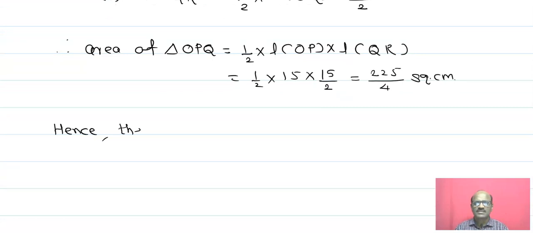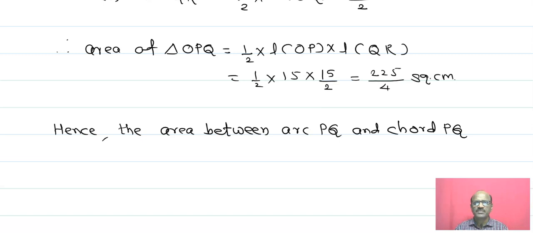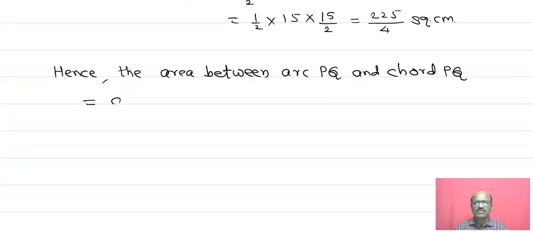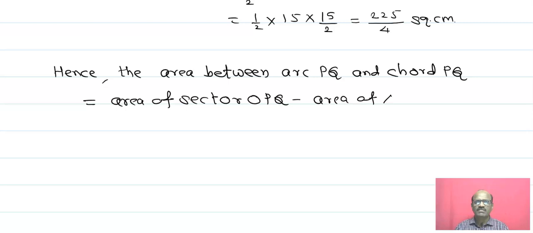Hence, area between arc PQ and chord PQ is equal to area of sector minus area of triangle. Area of sector OPQ minus area of triangle OPQ, that is 75 pi upon 4 minus 225 by 4.